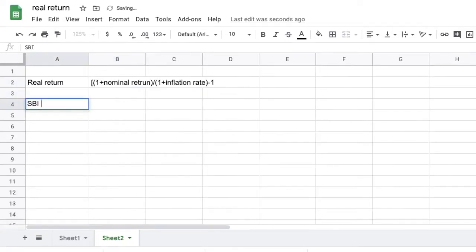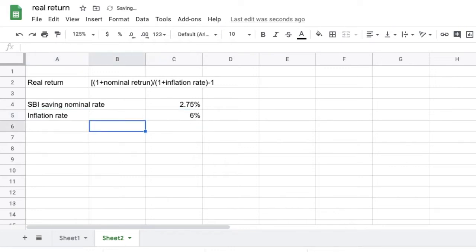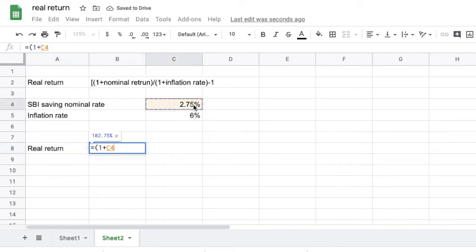In our case, SBI saving account nominal rate is 2.75% and the latest inflation rate is 6%. So the real return is equal to 1 plus SBI saving nominal rate divided by 1 plus inflation rate, minus 1. There you go. The real return is minus 3%.